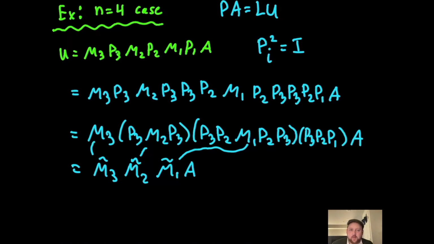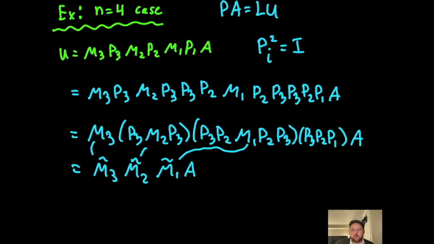So I have all these permutation matrices, and they've disappeared because I defined these new matrices. But these m's, what we can show is that they are again lower triangular elementary matrices of the exact same form, except some of their entries are permuted, right?